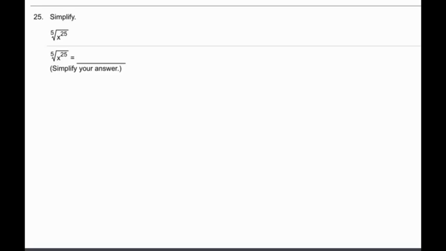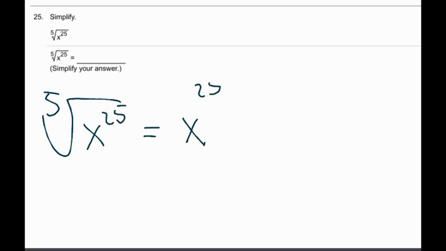So basically, here's what we have. We have the 5th root of x to the 25, and we're dividing that exponent by the index, and we get x to the 5th. So those are two ways to simplify this expression here.